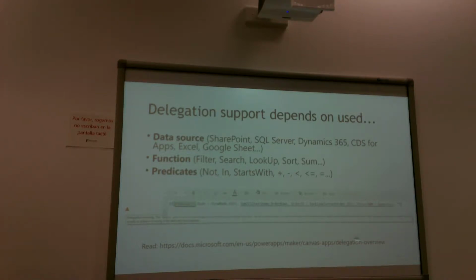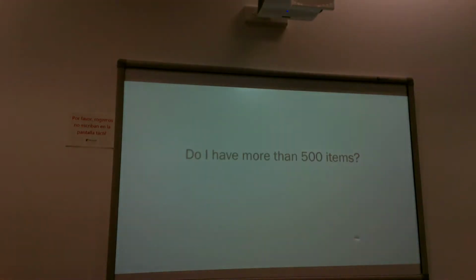And whenever you see these magical symbols, there's only one question you have to keep in mind. Do I ever have more than 500 items in my data source? 500 items ever. Is it a lot? No. It might be okay today.